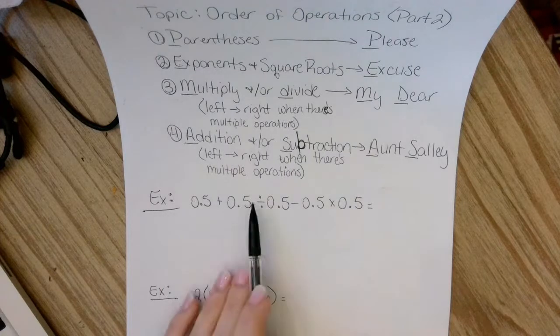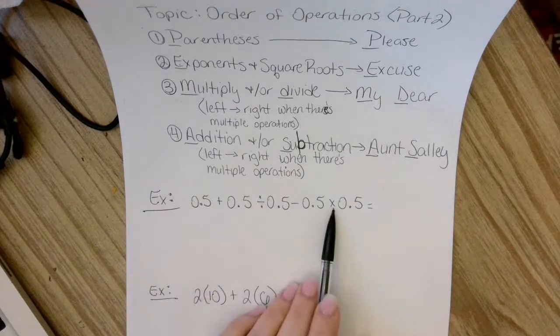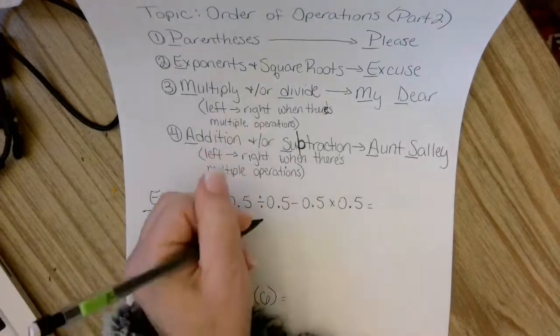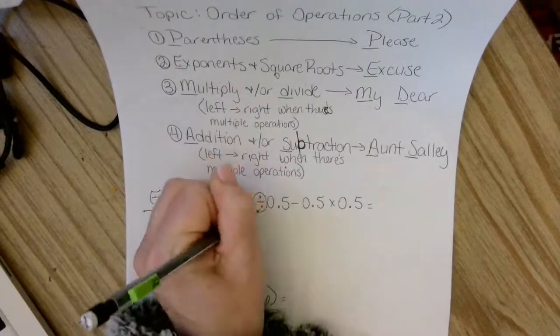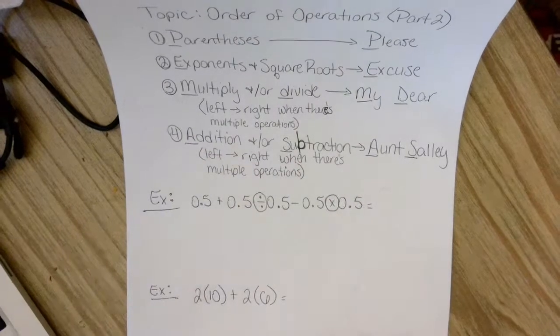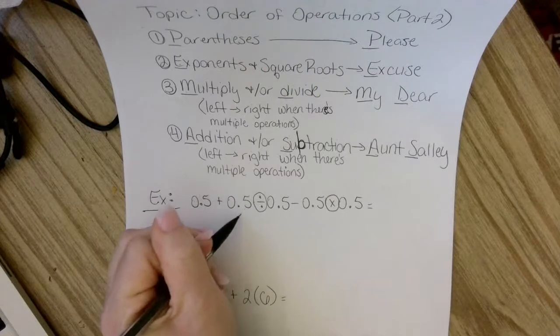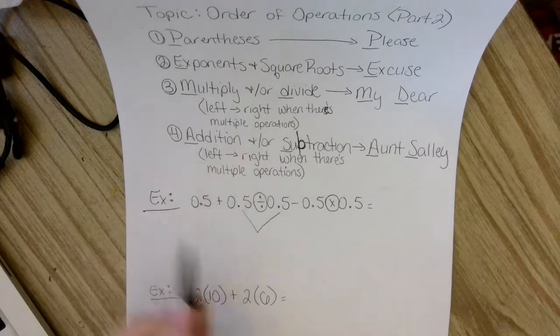Now I do see a division sign and I see a multiplication sign. So I'm going to handle those things first. And I'm just going to circle that just so it kind of sticks out to you. So I'm going to take care of these two numbers.